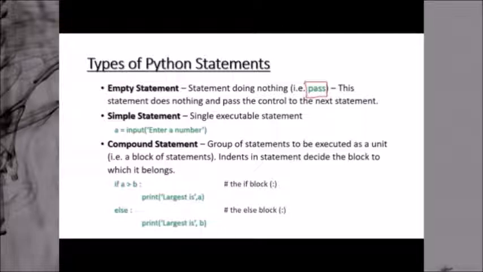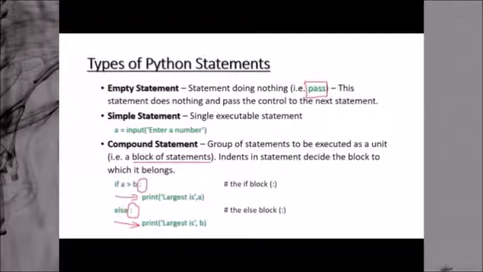A compound statement is a group of statements, or precisely a block of statements. A block is a compound statement. And how do we identify a block? A block begins with a colon sign. If you see, there is a colon sign here and a colon sign there. It means this is one block of statements and this is another block. This is called the if block and this is called the else block.